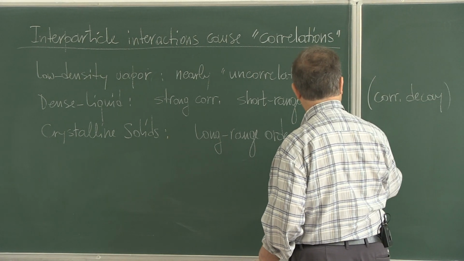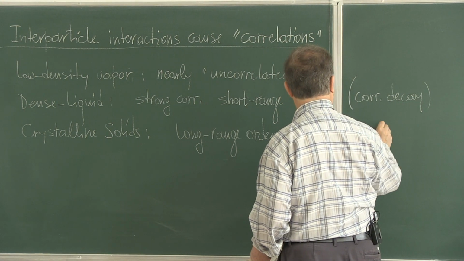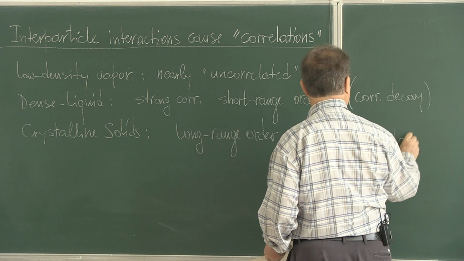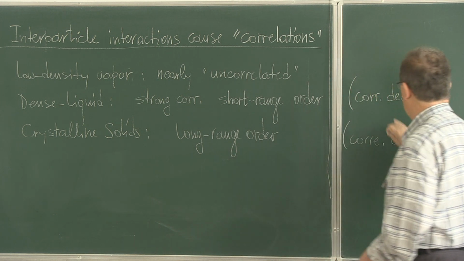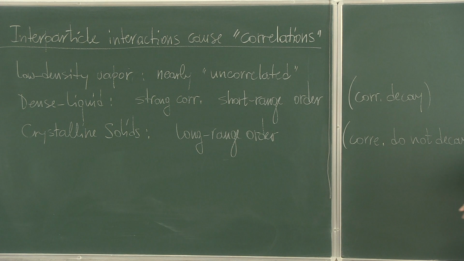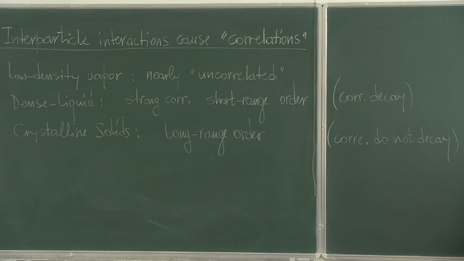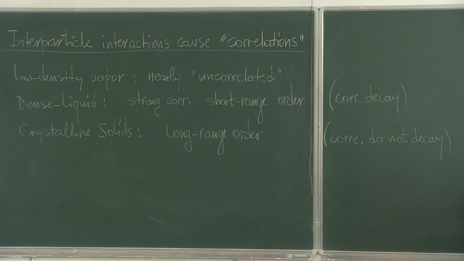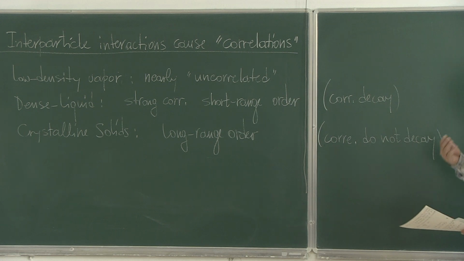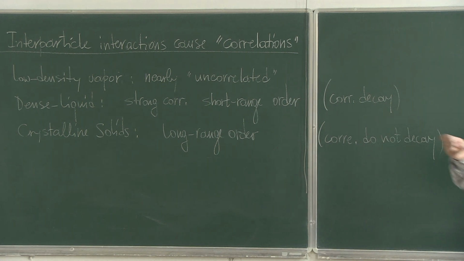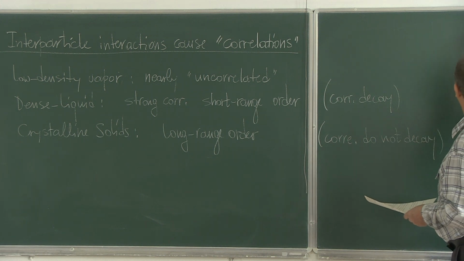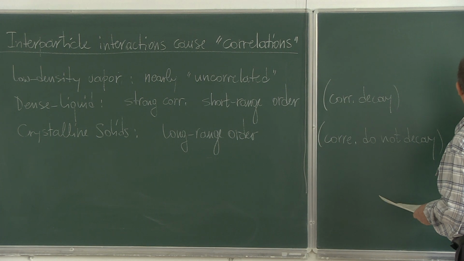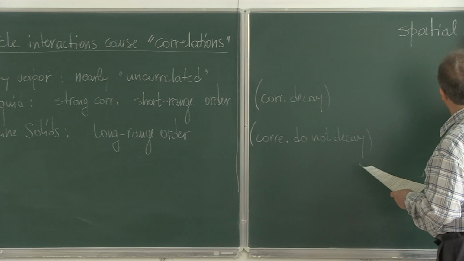Here correlations don't decay. Here they decay exponentially. After two neighbors, you don't have any order. Well, these facts, where the atoms or molecules are sitting, can be described by spatial correlation functions.